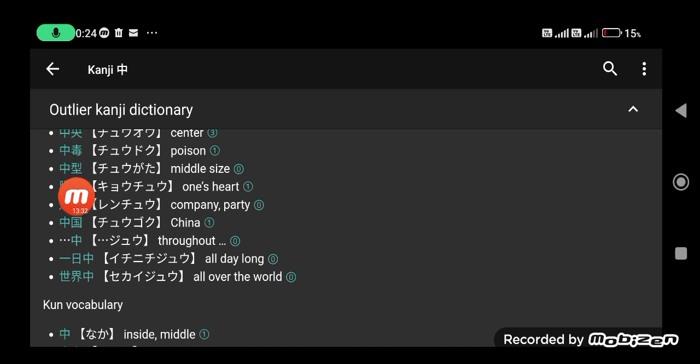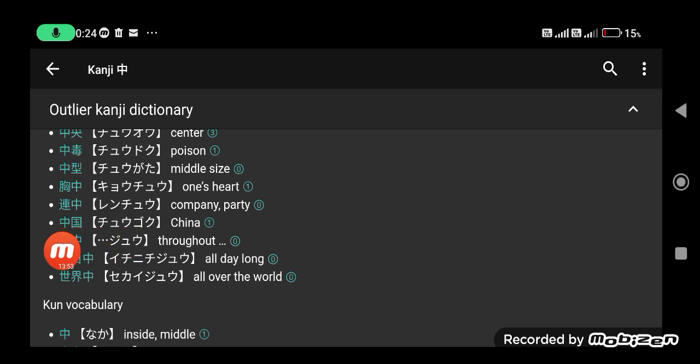The Dakten form of kata is gata. So chu plus gata, chugata. And then we have kyochu, one's heart. China, chugoku.